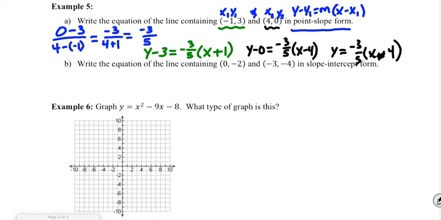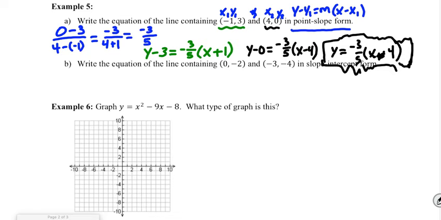The only thing to think about in this one, this is not slope-intercept form because you would need to distribute that negative 3/5 to get it into slope-intercept. So this is still an acceptable point slope form solution, even though it looks a little bit different. That y value was 0.